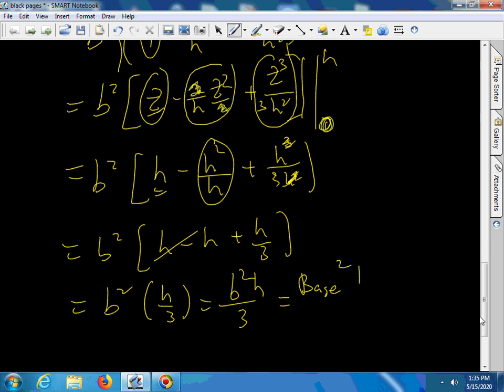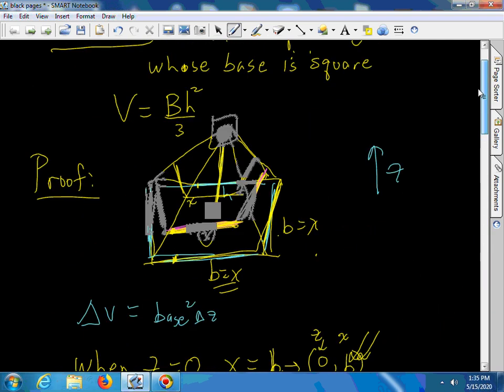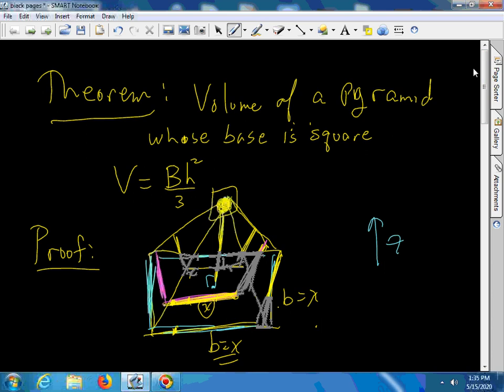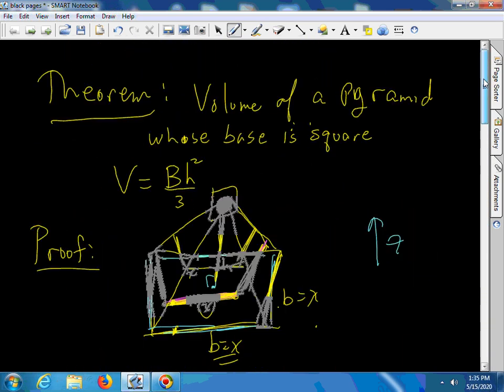So base squared times h over 3, which we'll denote as b squared h over 3, and I come up here and I go, I had a mistake.